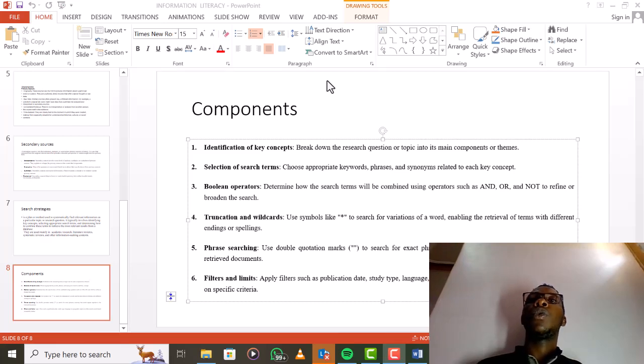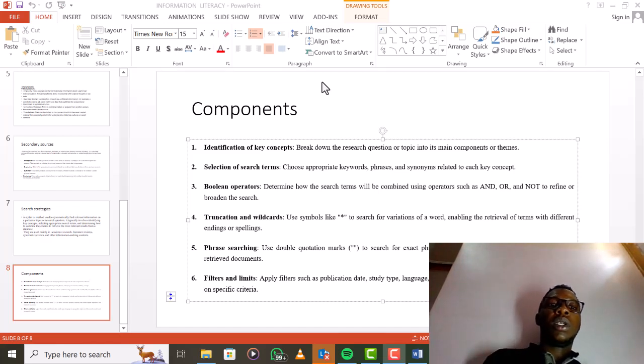For example, if you use farming, they will give you all the words that are related to farming. Like for example, if you look at farm, they will give you farming. They'll give you also other words that begin with the word farm.